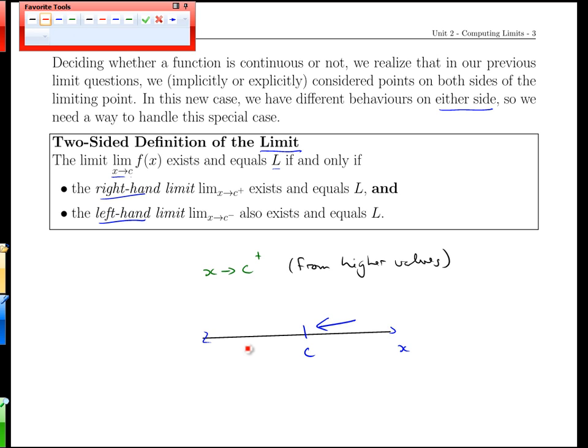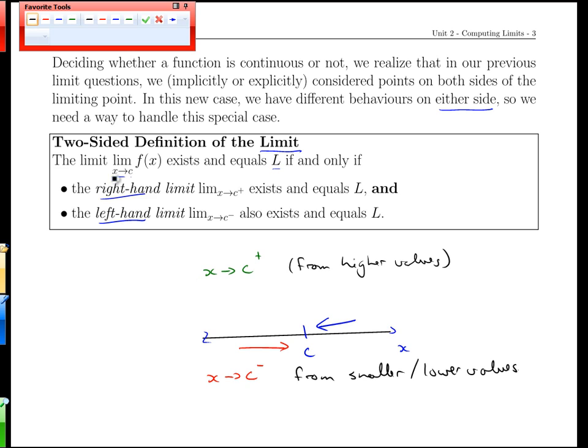If we wanted to go up from the left, that would be x approaches c from smaller values, or we'd have a minus sign, that's a little exponent there, from smaller or lower values.